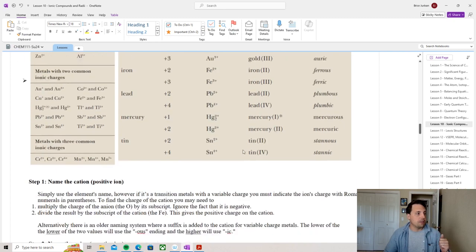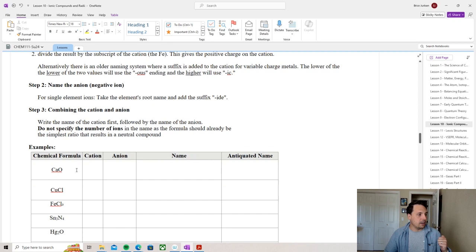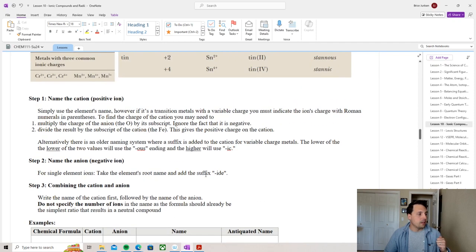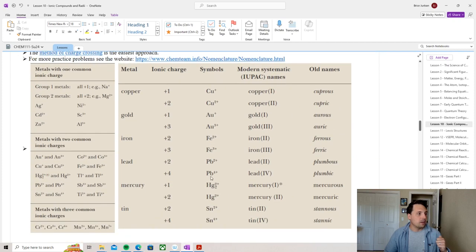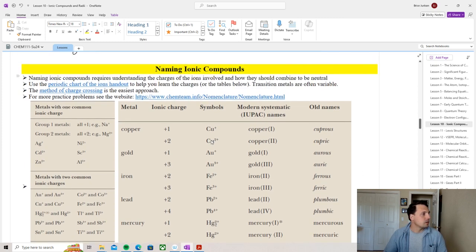So let's start off with something we're already familiar with, taking a formula and converting it into a name. But what we need to do is add in this extra element that some of these ions that form for metals aren't always going to be the same charge. Some of them are going to have a variable charge.